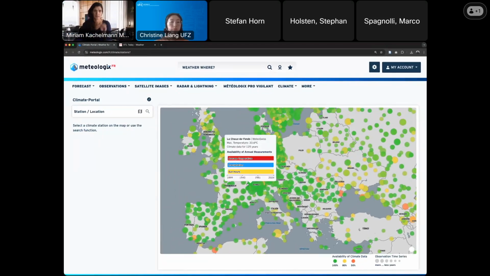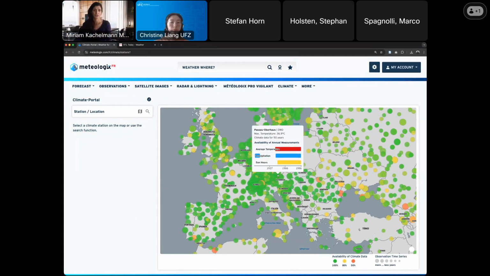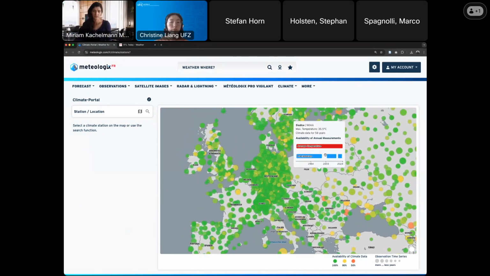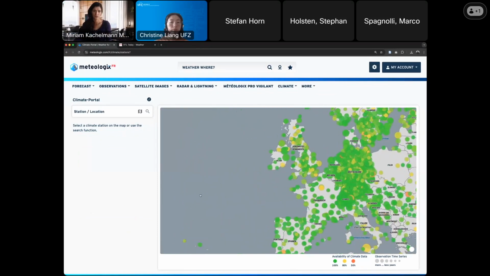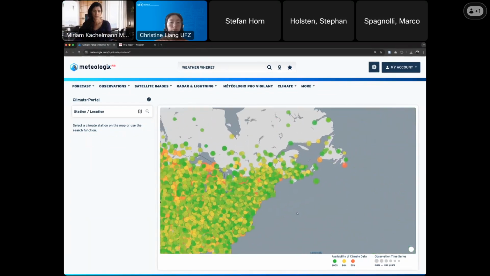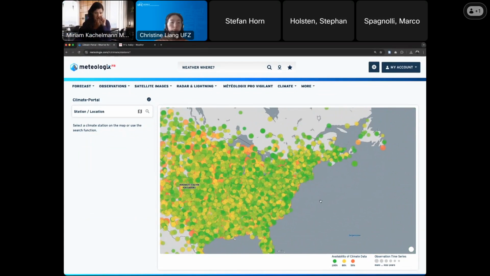That's, I would say, the first iteration of our climate portal. What you can see here, so the starting page, is basically this map. It's an international map, worldwide, with all kinds of weather stations that have a certain amount of data for certain parameters that are of interest.